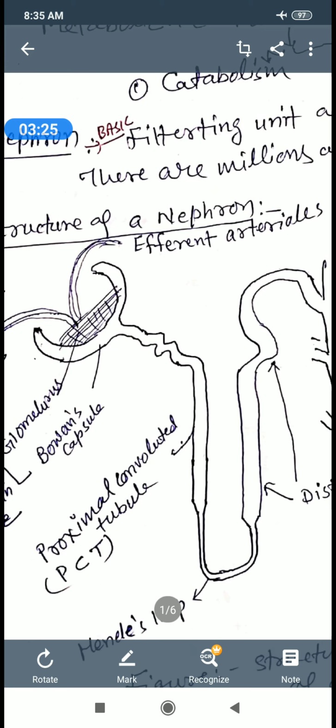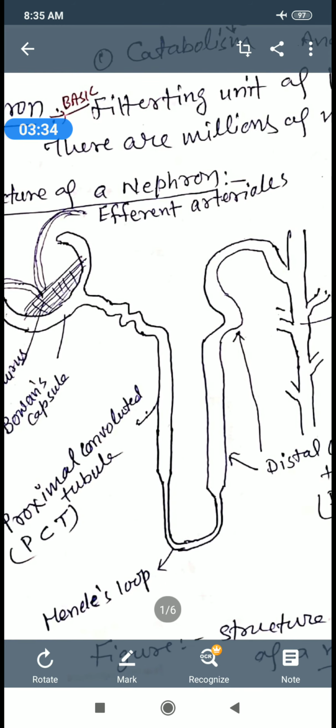The second part of the nephron is PCT, the proximal convoluted tubule. The convoluted tubule is present near the Bowman's capsule, and after PCT there is a U-shaped tubular loop.